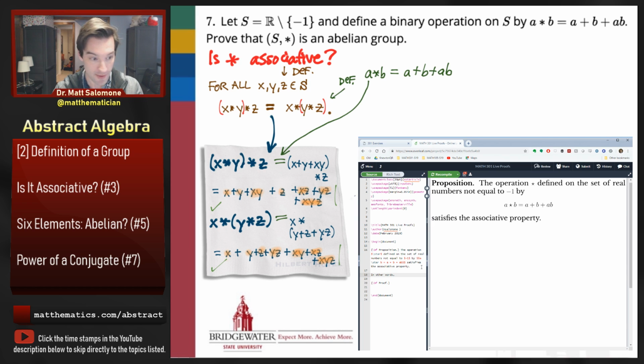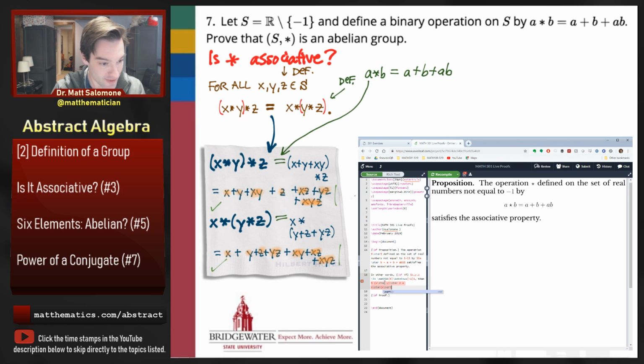Another way to think about what this is saying is that there's an implicit: if X, Y, and Z are real numbers that are not equal to -1, then X star Y star Z must be equal to X star quantity Y star Z. Sorry, not A and B; what I actually wanted are X, Y, and Z, because we're working off that definition of the associative property.